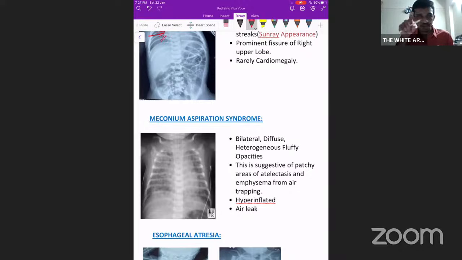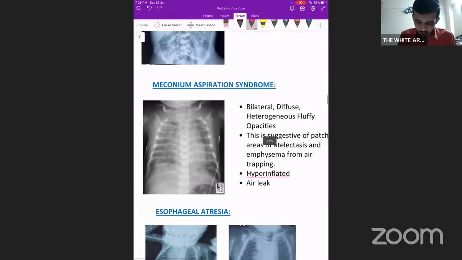It will cause chemical pneumonitis, so you get bilateral fluffy opacities because of bilateral consolidation. Second, you have a picture like RDS, which will lead to the ground glass appearance of the lungs. Three, it will lead to airway obstruction, so there will be hyperinflation. These are the changes you can expect in meconium aspiration syndrome.